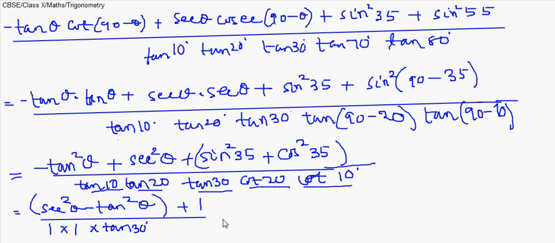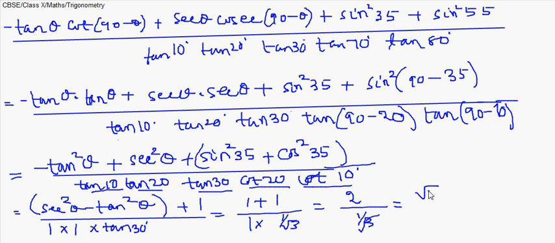If you recall the table, here sec square theta minus tan square theta, that as well is 1. So it is 1 plus 1 by 1 into tan 30, which, if I recall correctly, will be 1 by root 3. So we are getting this as 2 by 1 by root 3, so that makes it 2 root 3 by 1, so that is 2 root 3. This is our answer to this whole big one. Thank you.